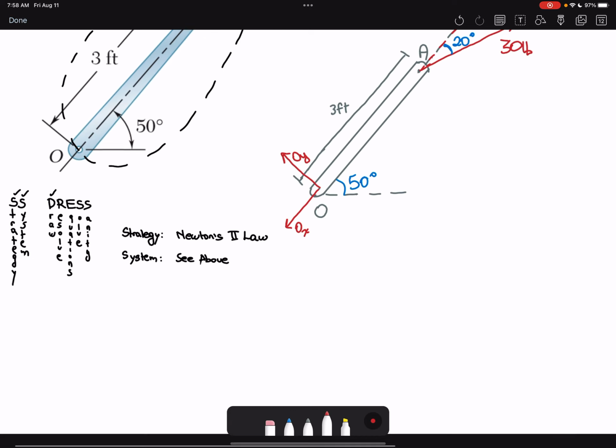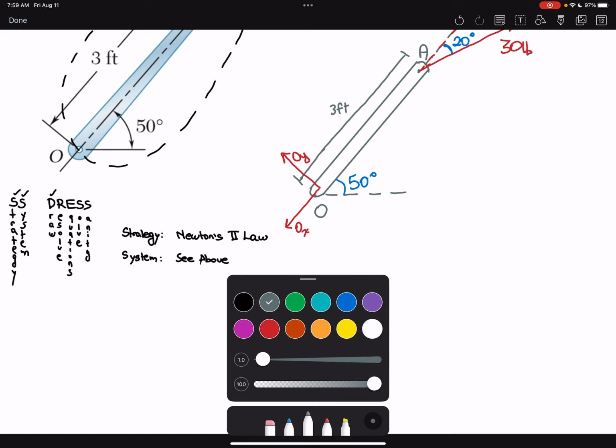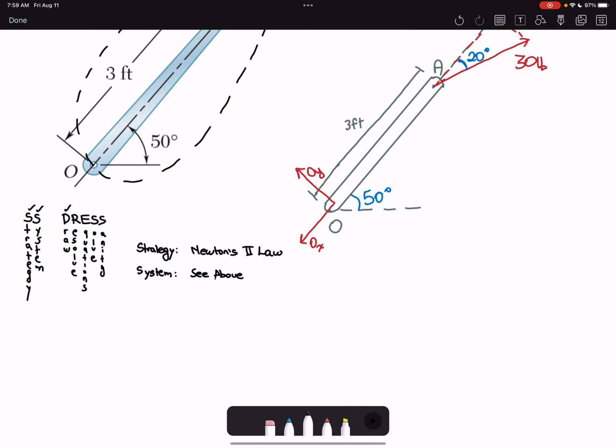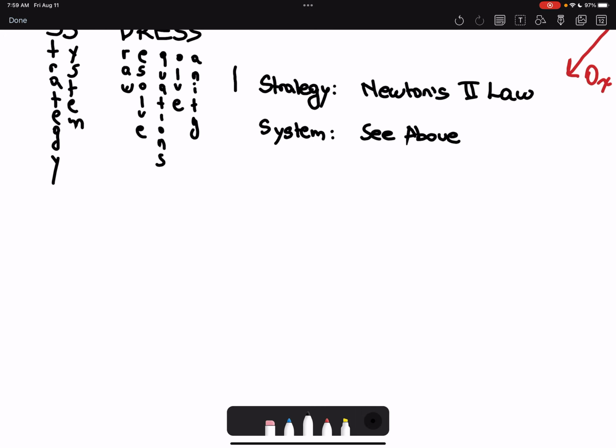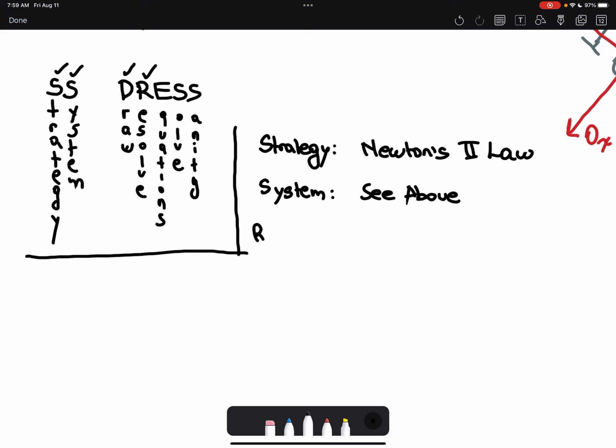And so let's see, how could we do that? Well, let me get our black pen. Resolve. So we'll do the resolve portion here. Resolve actually is complete equations.